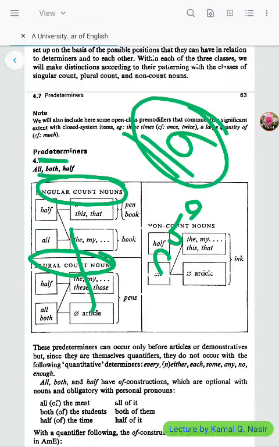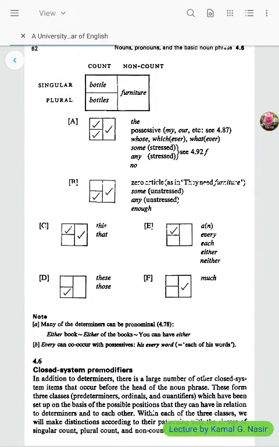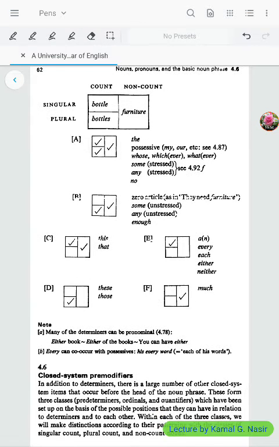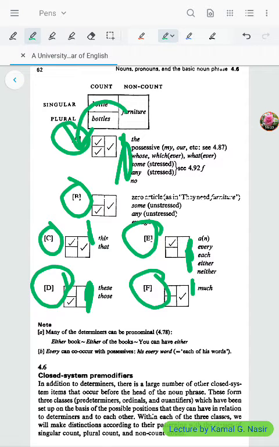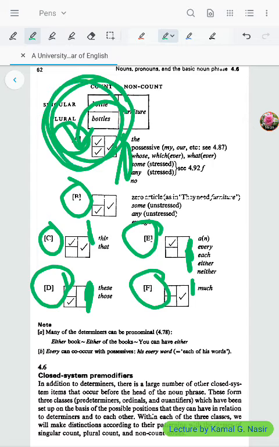These are the 6 classes of determiners. What comes before them is called the predeterminer, and we consider this predeterminer a pre-modifier, the first type of pre-modifiers.